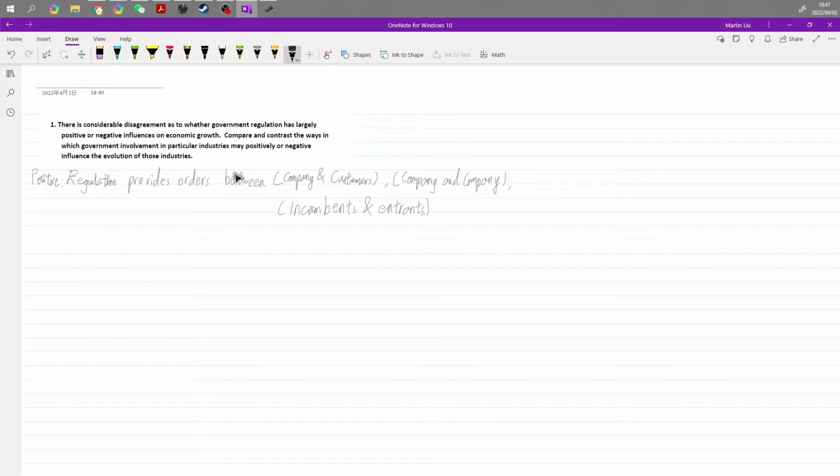Well, the first aspect, company and customers, is easy to understand. Basically, regulation on companies means the company cannot collude or overcharge the customer, so the society can benefit from a relatively fair trade.